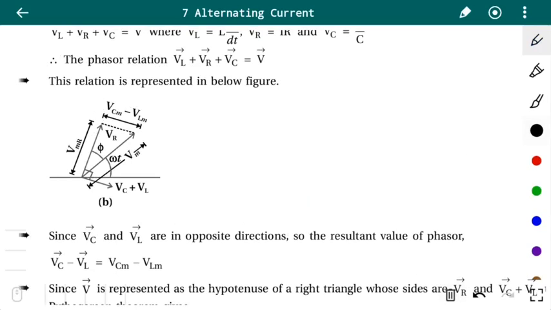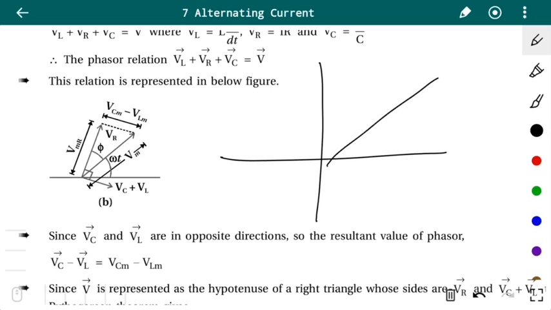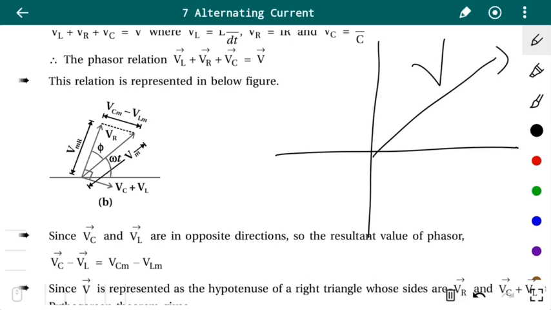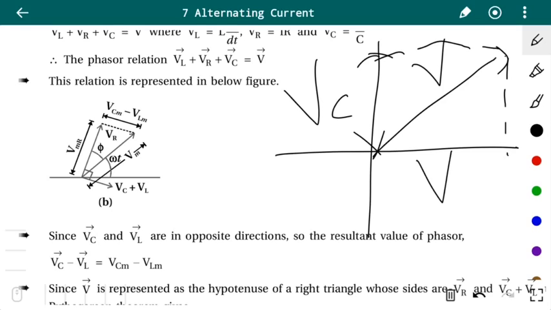let us draw this figure again, taking here VR, taking its projection over here, here it will be VC minus VL, here we are having VR.